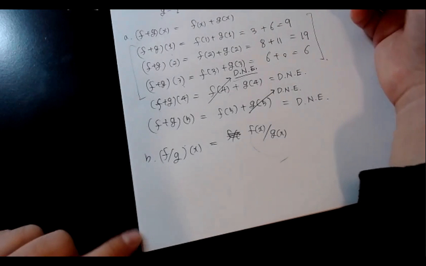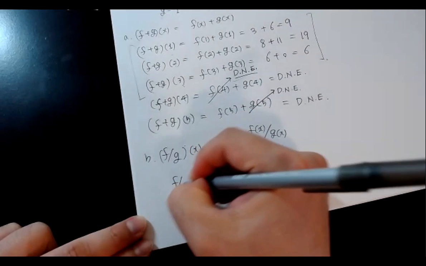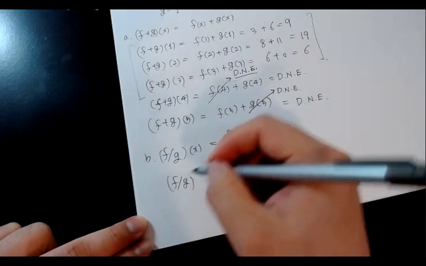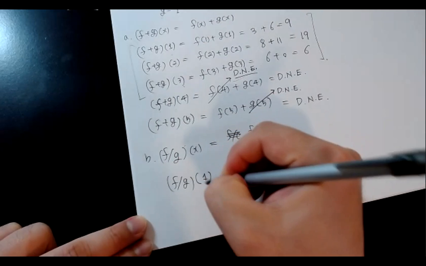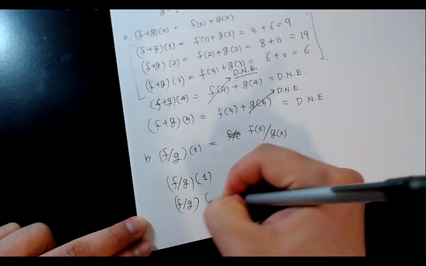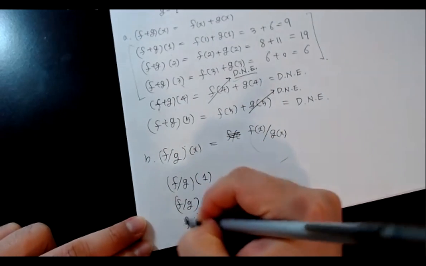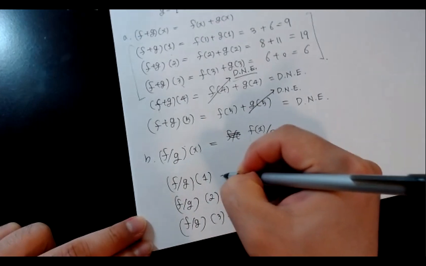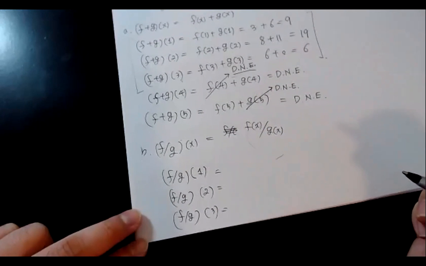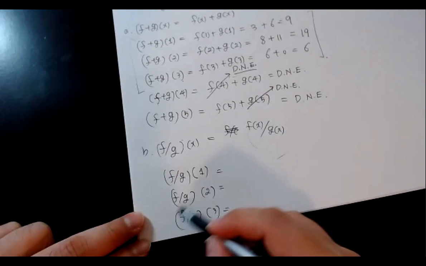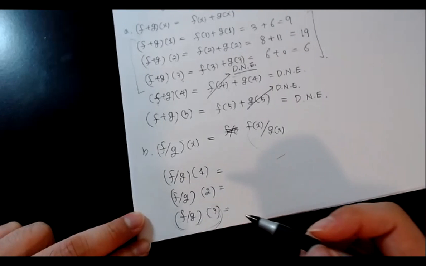Okay, so now we figure out the quotient function of f and g at 1, 2, and 3. But what about the quotient function of f and g at 3?